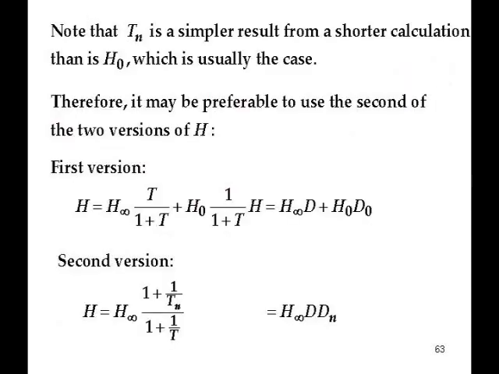Notice that the Tn was a simpler result from a shorter calculation than the H0. And that's usually the case. And that's one of the benefits of using the Tn format instead of the H0 format. It's an easier, shorter calculation. So again, there's the 2 versions in the middle.